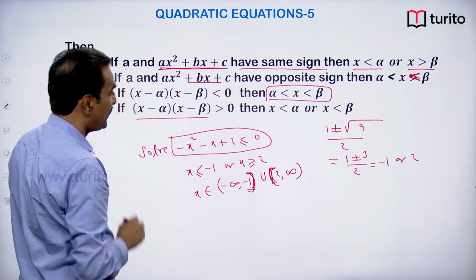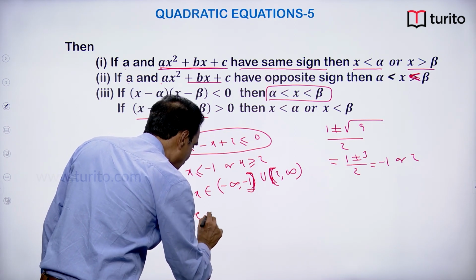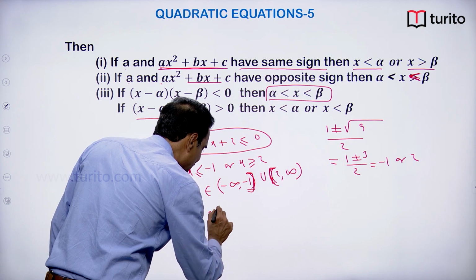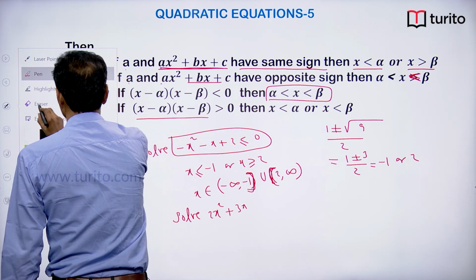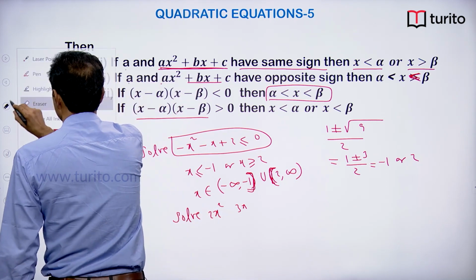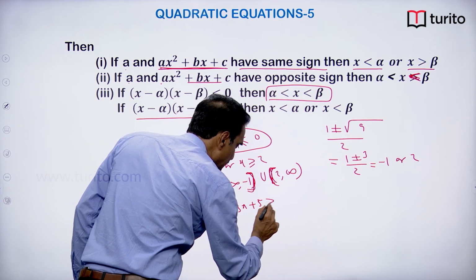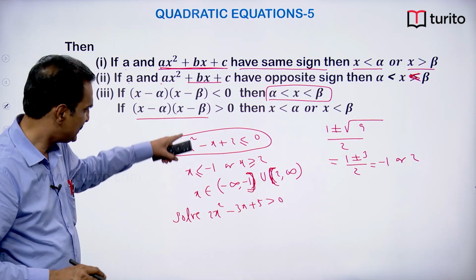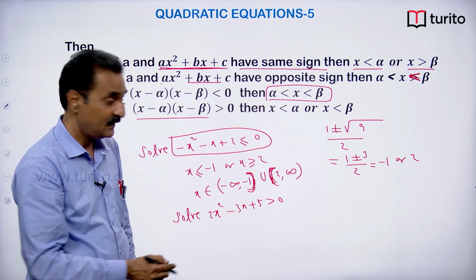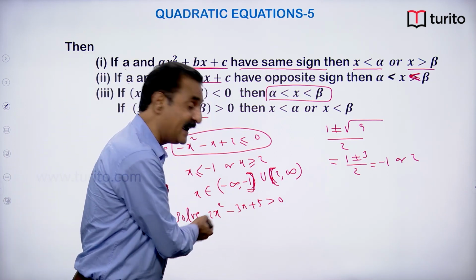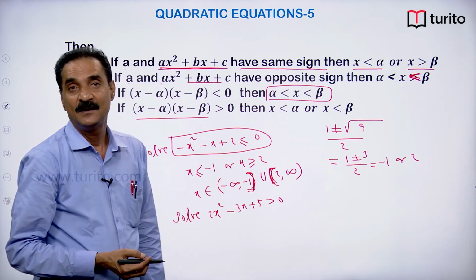And one more point, suppose the question is solve 2x square minus 3x plus 5 greater than 0. Similar question. Here first you check the discriminant. The discriminant is negative. b square minus 4ac is 9 minus 40, negative.